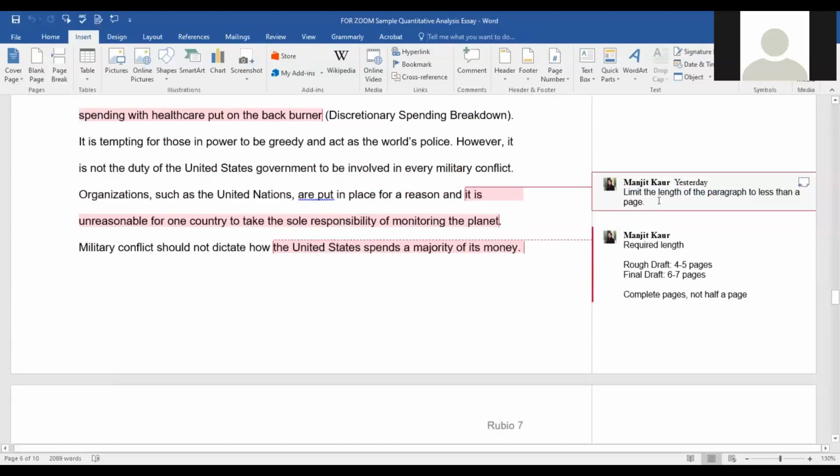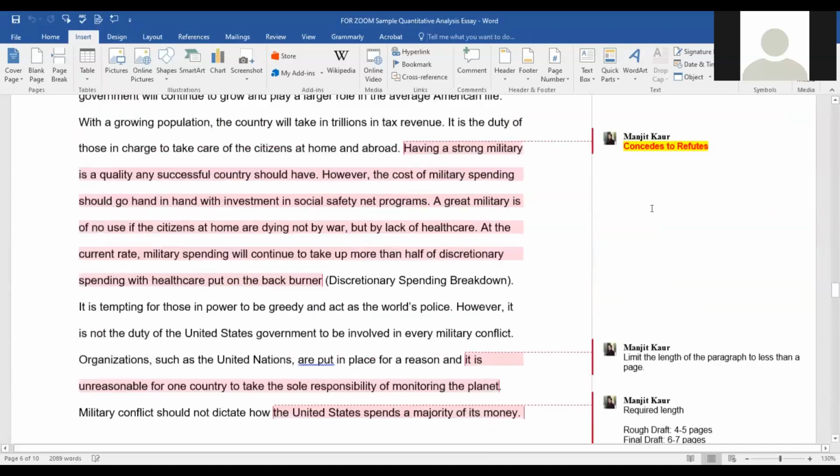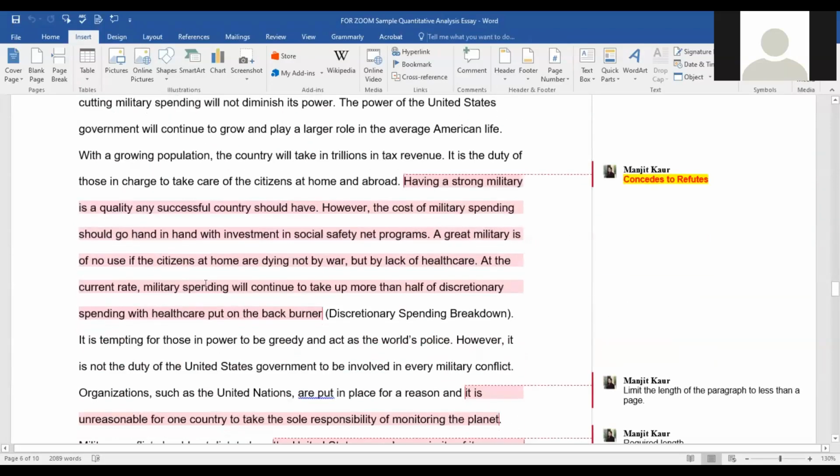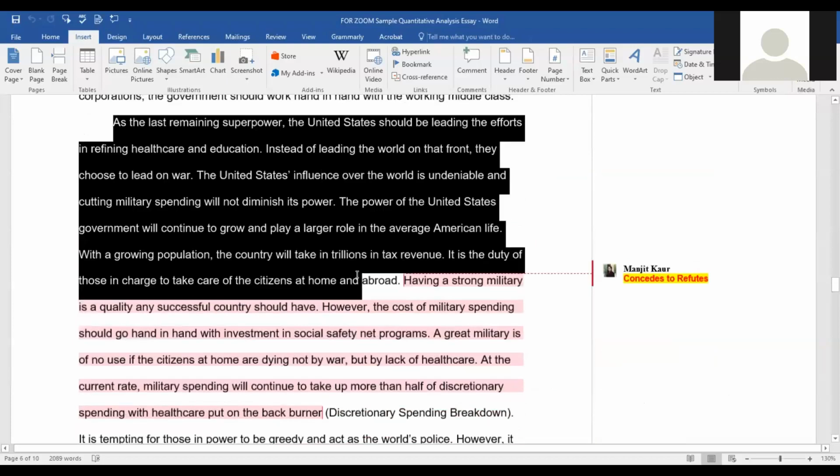Limit the length of your paragraphs to less than a page, okay? What does that mean? Now, let's see. This paragraph started here. It's not a short paragraph, and don't give me these little tiny paragraphs. Let's say this is your paragraph and you're done. You're applying for college level, your university.